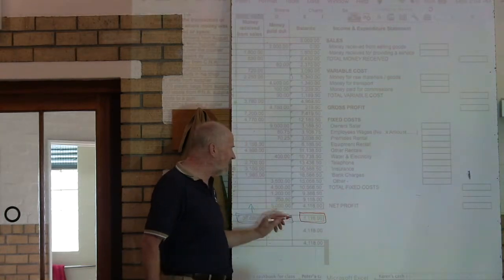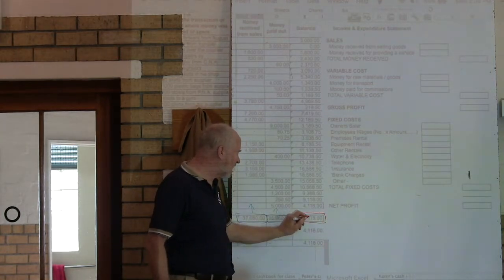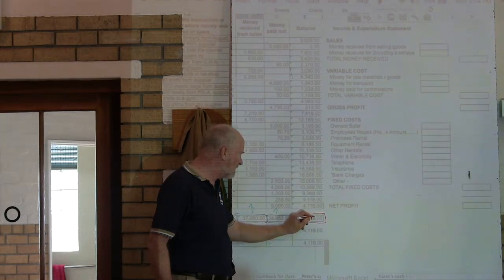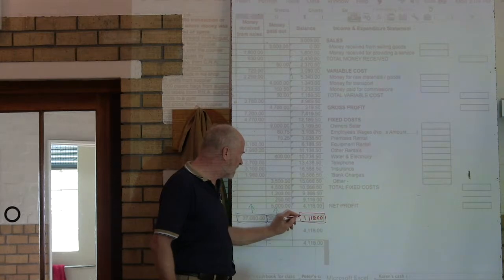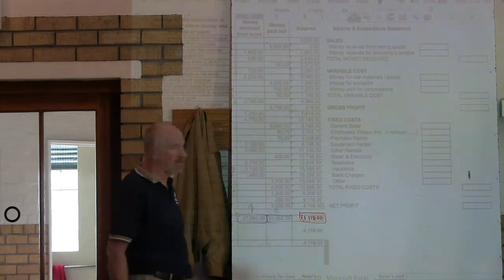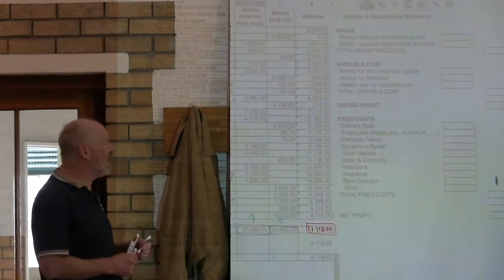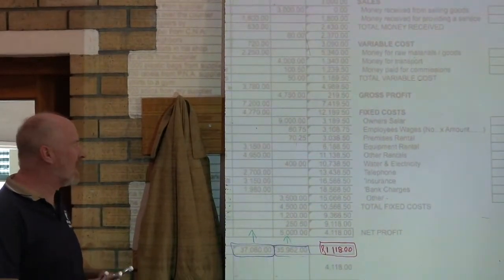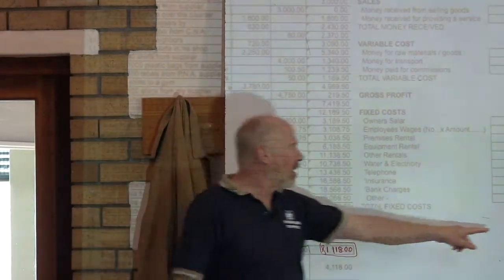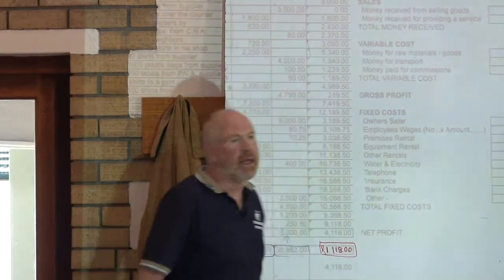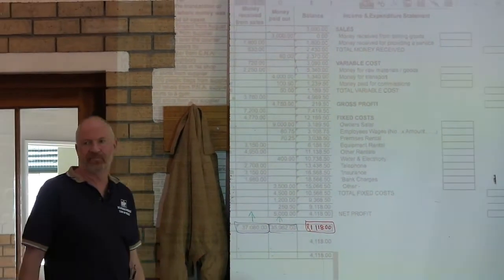Okay, that is 1118.00, that's what it says there. Now that is what should appear at the end of your income statement.